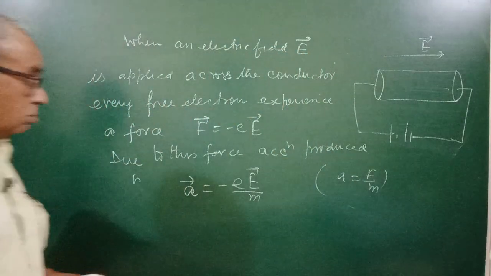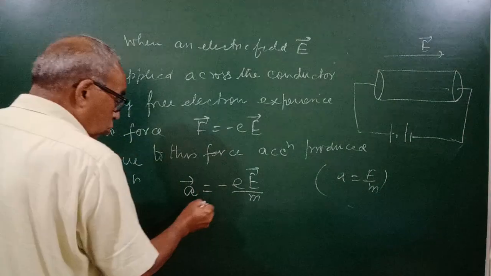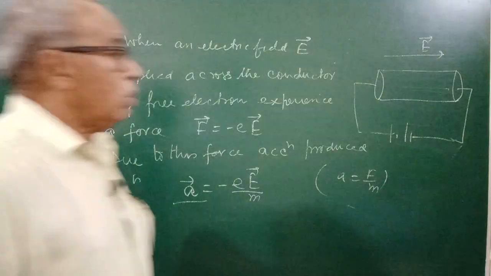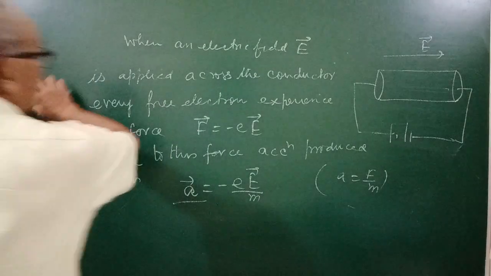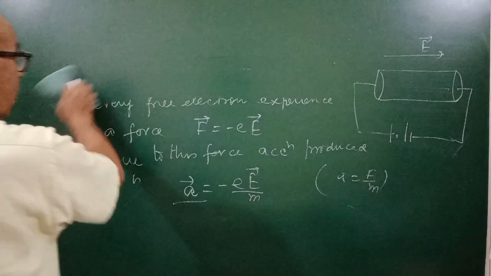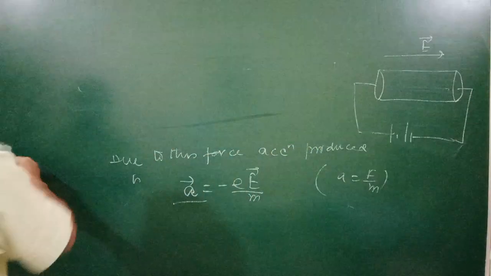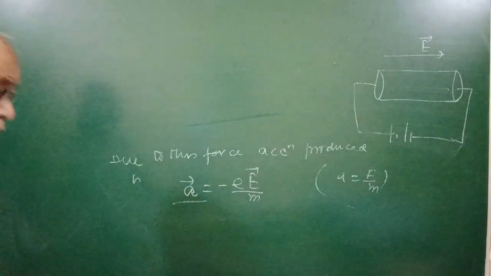So due to this acceleration, every electron starts gaining velocity in the direction opposite to the electric field.